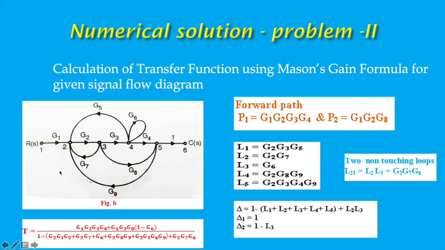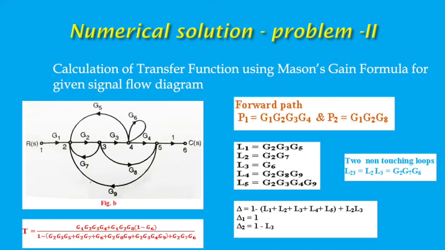Then find the delta. So formula of delta equal to 1 minus summation of all individual loops. Here the loops are L1 plus L2 plus L3 plus L4 plus L5.